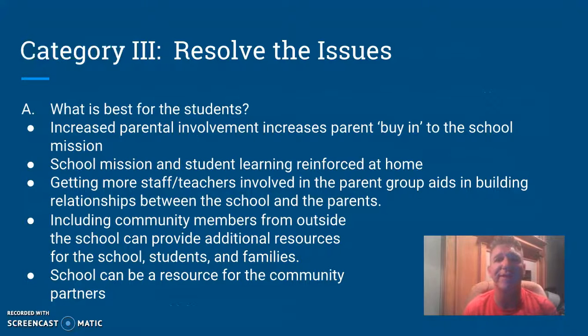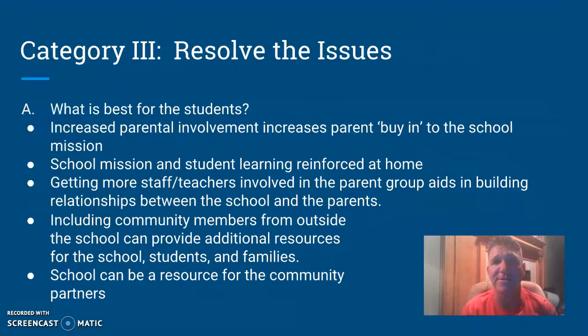Category 3 asks me to resolve the issues. How would my plan resolve the issues? Part A asks, what is best for the students? By increasing parental involvement in the school, this increases parental buy-in to the school's mission and vision. When the parents have bought into the school mission, it reinforces that mission at home.